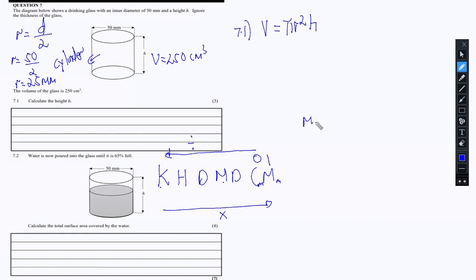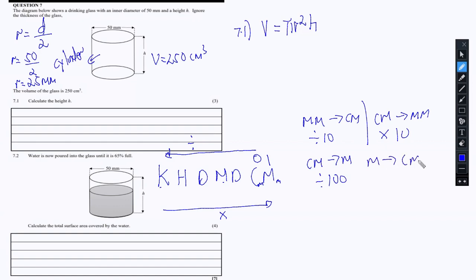So if you want millimeters to go to centimeters, you need to divide by 10. But if you want centimeters to go back to millimeters, you'd have to multiply by 10. If you want your centimeters in meters, you'd have to divide by 100. But if it's meters back to centimeters, you'd have to multiply by 100.